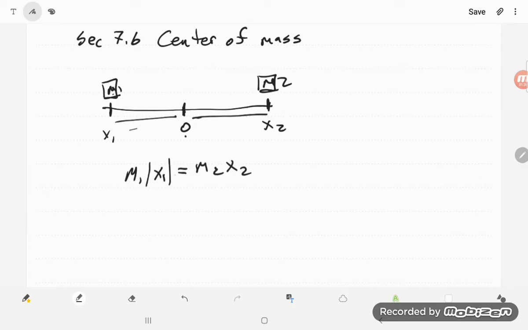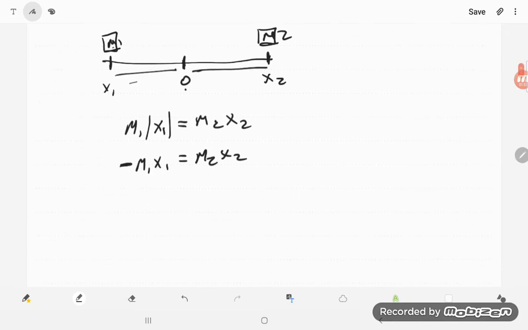Okay, now what is the absolute value of x1? Well, again, if x1 is a negative number, its absolute value is the negative of itself. And so what we get is this equality that minus m1 x1 has to equal m2 x2. Now I'm just going to add this to both sides and put all the stuff on this side.